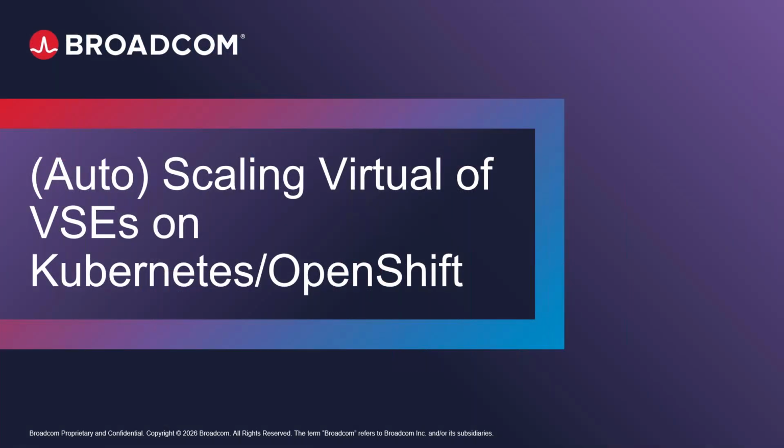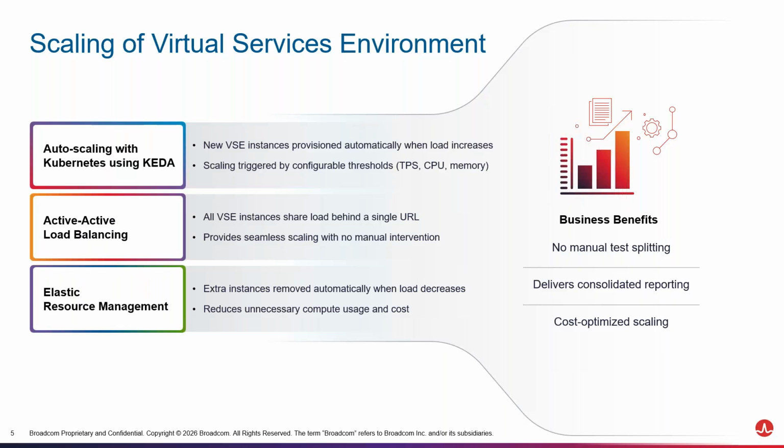But as I said, the main one and the marquee feature of this 10.9 release is the scaling of the virtual services, and we have auto scaling. The capability that we allow you is to handle the business need that when I'm running performance tests, I don't always know what the capacity of my VSE is.